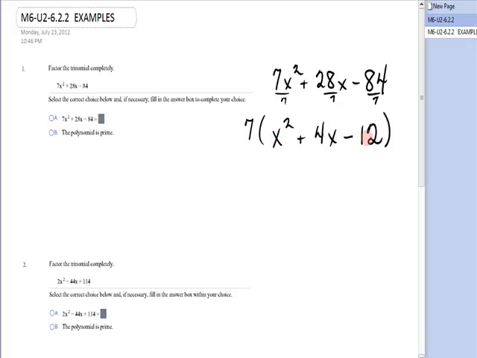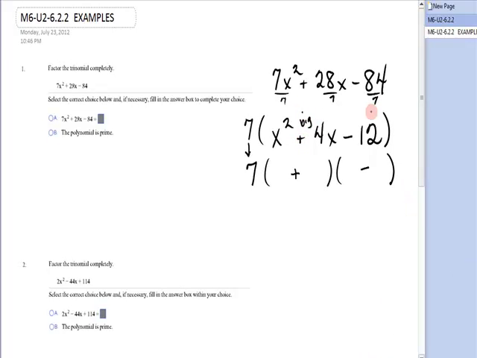But now that you know more about trinomials, there is a possibility that this trinomial can be factored by trial and error. Something that's super important: don't lose the 7. It is a factor. All right, but I'm going to ignore it for a minute and go over here and work. The last sign is negative. What that always tells me is that I have one plus and one minus, and the big factor will be a plus.